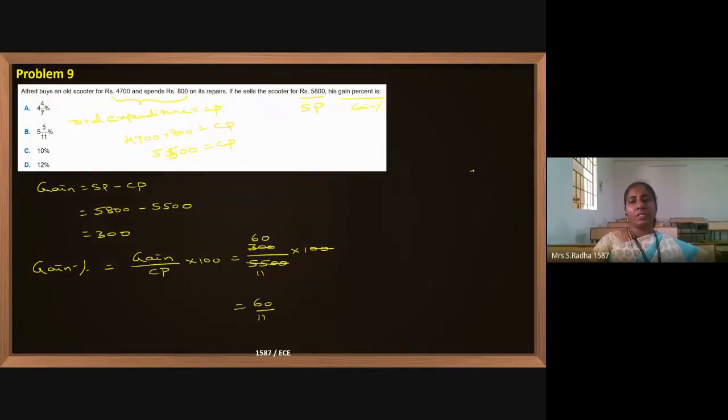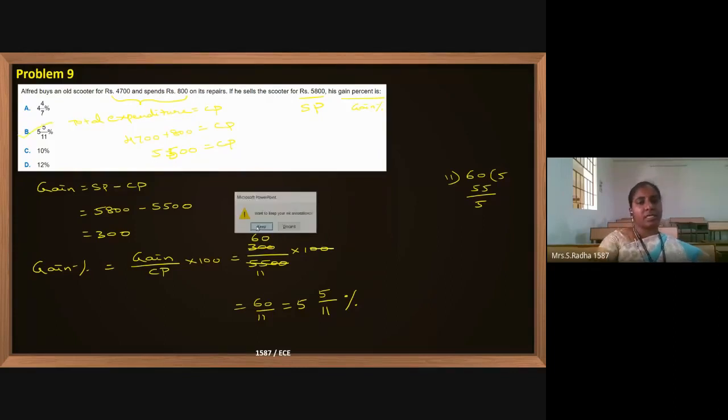If you convert that to a mixed fraction, 5 times 11 is 55, remainder is 5. So this is quotient, then remainder divided by divisor. 5 is the quotient and 5 is the remainder divided by divisor. This is 5 by 11 percentage. Option B is the correct answer.